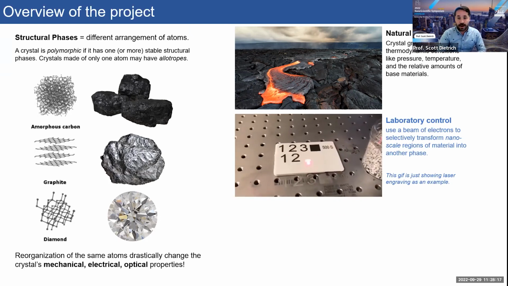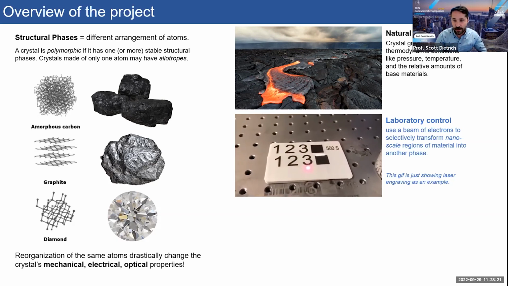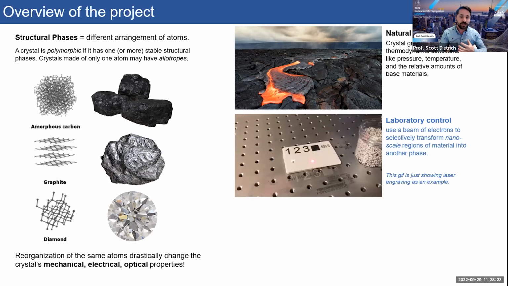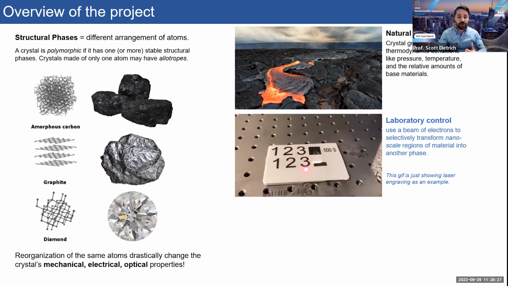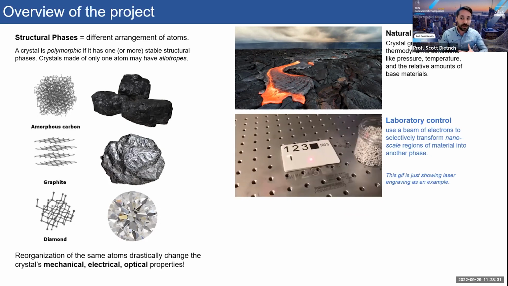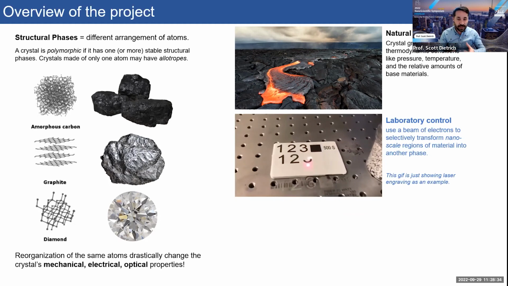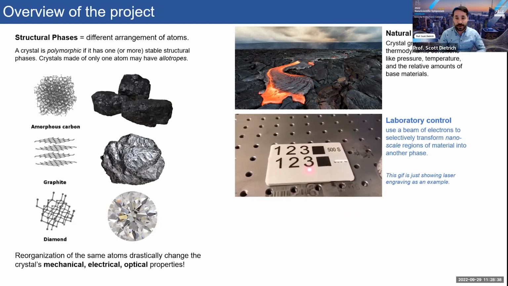Here we see a GIF of a laser engraving on some material where it changes at least the color of certain regions that we can pattern. And what we would aim to do is use a beam of electrons to selectively transform small regions into a different structural phase.